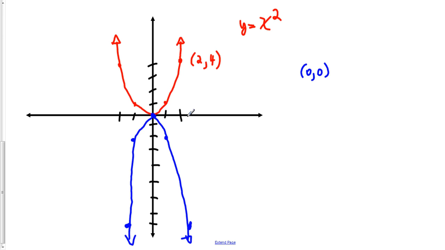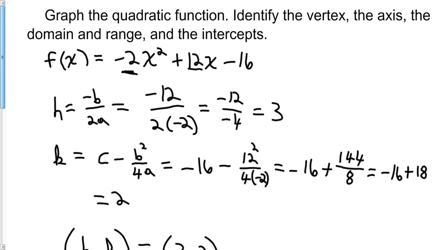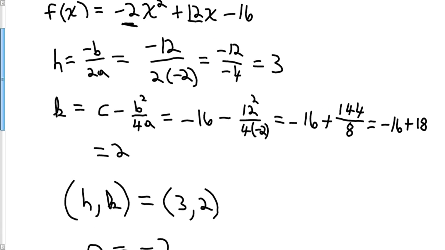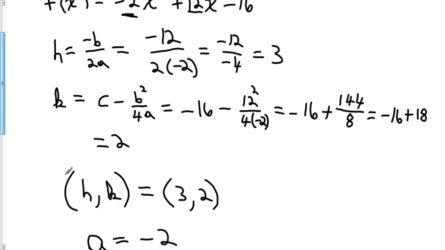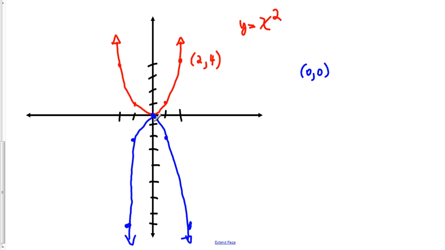And these are going to be the relationships of the points when I graph my function up here. All I have to do is move this graph that I just drew, the blue one, horizontally 3 units and vertically 2 units. This is where my new vertex is going to be. So all I have to do is find my vertex and then look at the relationship of the other 4 points to the vertex.